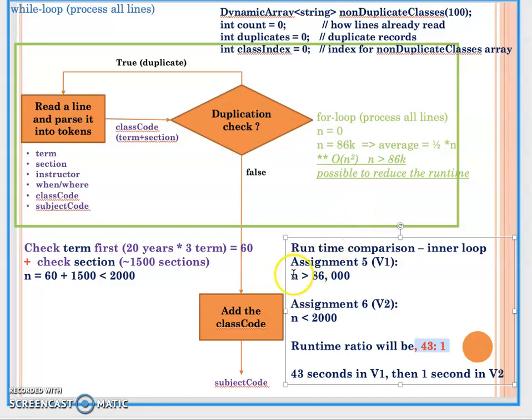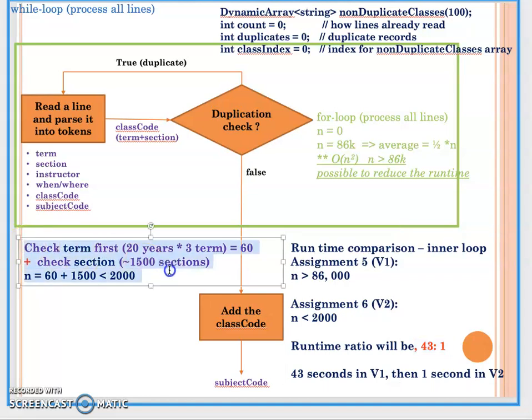But the next question is, how should we check the term first, then the section? That's actually your lab exercise. I want you to discuss with your classmates before I show you how to do that. But here, I just want you to think about whether you are okay with the runtime when we say that. So from V1, you see check classCode, term plus section.